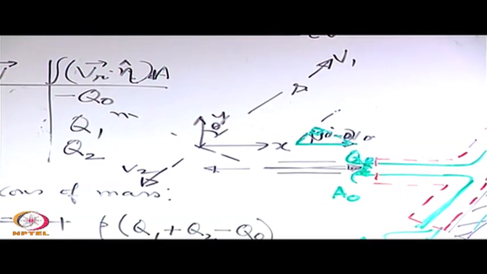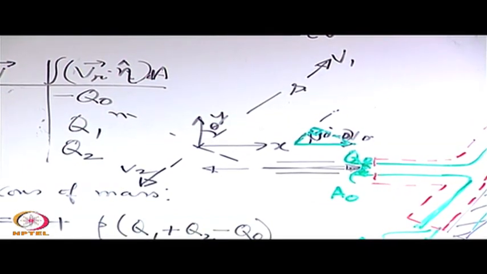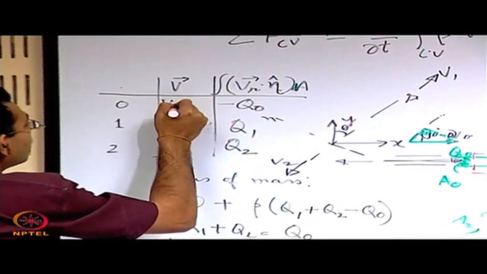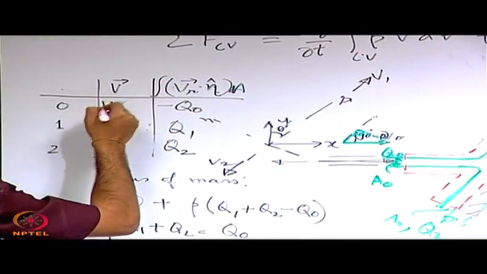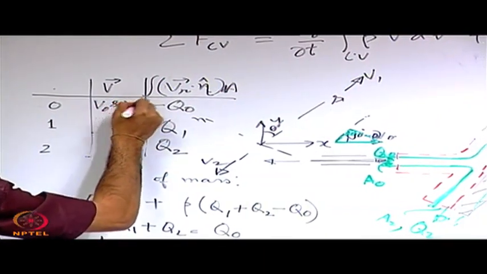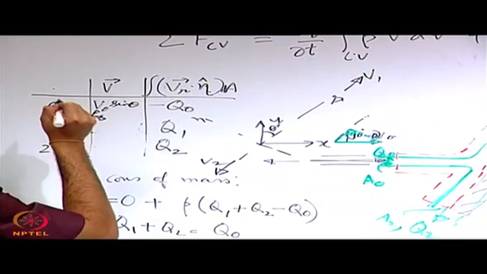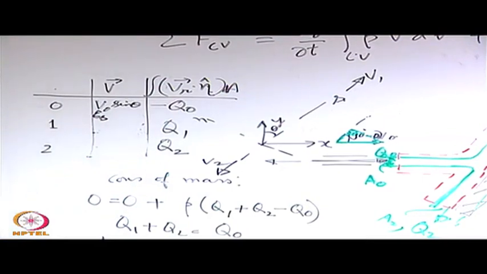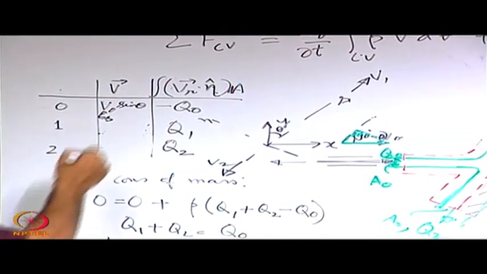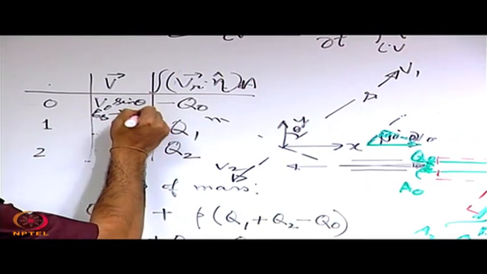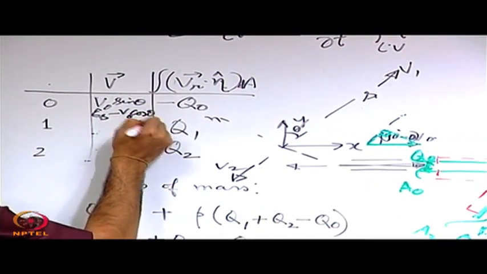So, what will be the component along s? V0 sin theta epsilon s, minus V0 cos theta epsilon n.